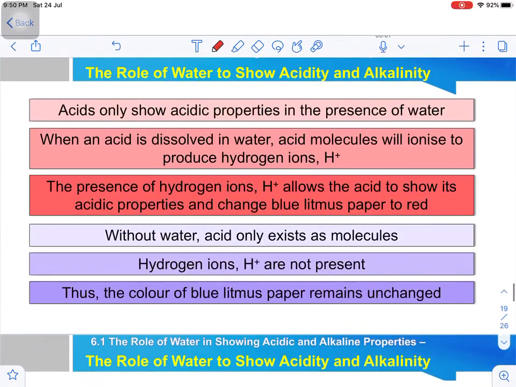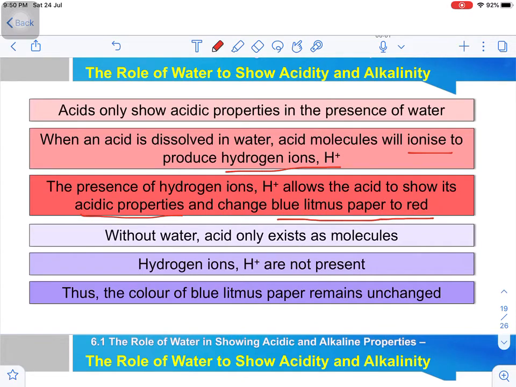So, what we can conclude here is that acid only shows acidic properties in the presence of water. When an acid is dissolved in water, acid molecules will ionize to produce hydrogen ion. The presence of hydrogen ion allows acid to show its acidic properties and change blue litmus paper to red.